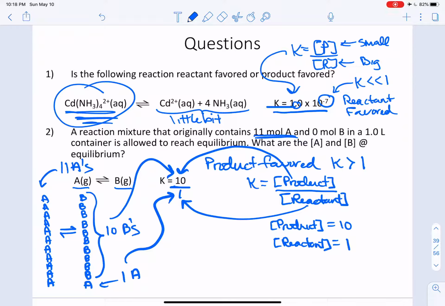So we have a product concentration of 10 and a reactant concentration of 1 at equilibrium.